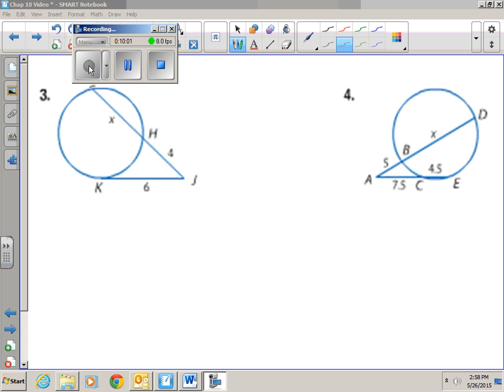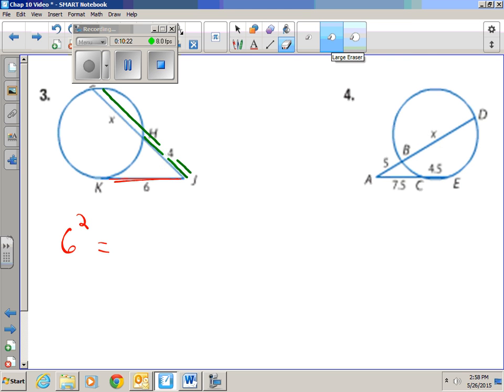Okay, these two are secant tangent power theorems. So again, to remind us, we know that in the tangent part, I'm going to take this piece and square it. So I have 6 squared is equal to the outside part of my secant times the whole puppy. So that's going to be 6 squared is equal to 4 times the whole thing, 4 plus x.